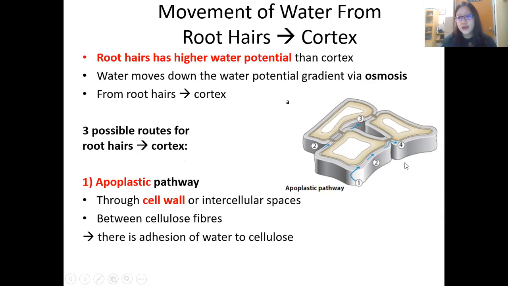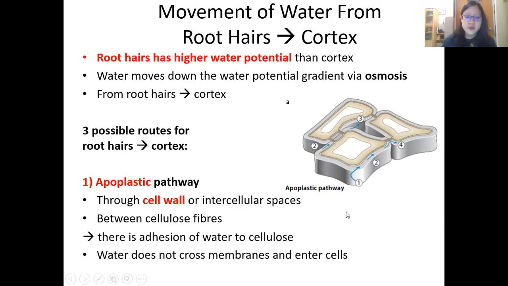Why does water tend to do this? Because water has adhesion, forming hydrogen bonds with cellulose, and therefore can travel in this pathway. This means that water does not cross membranes and enter into cells. They are just between cells. That's why it's called intercellular spaces.